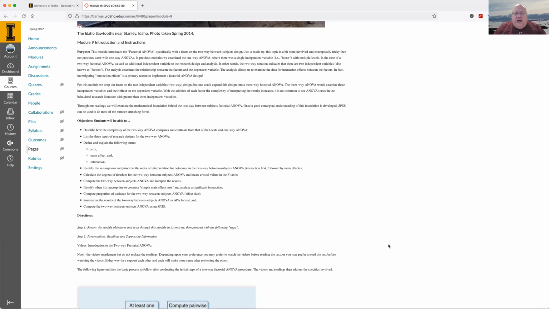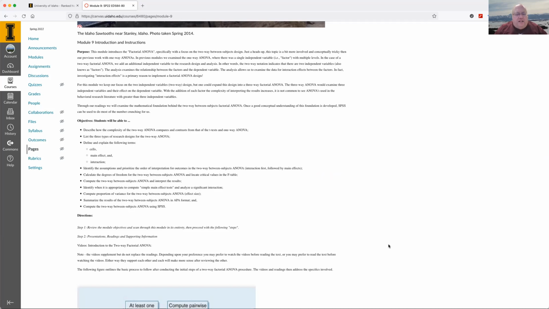The analysis allows us to examine the data for interaction effects between the factors. In fact, investigating interaction effects is a primary reason to implement a factorial ANOVA design. For this module, we keep our focus on the two independent variables, the two-way design.